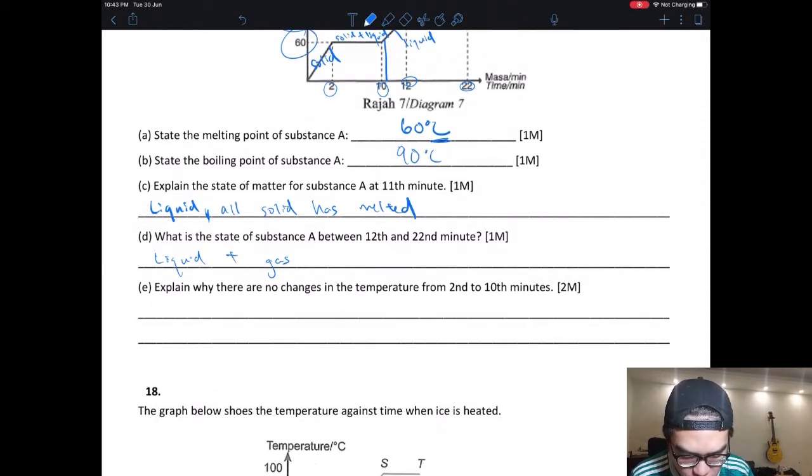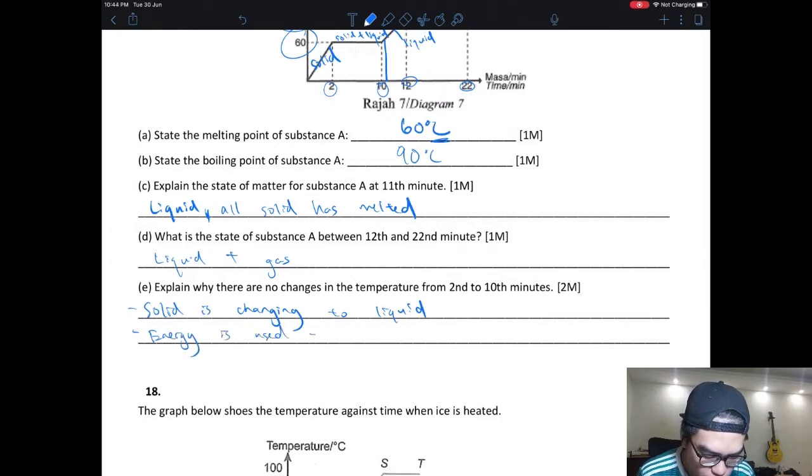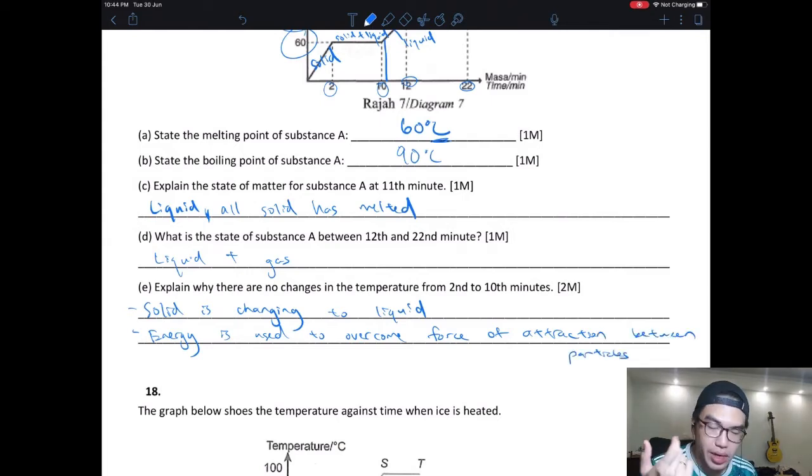Solid is changing to liquid, so energy is used to overcome force of attraction between particles. That's it. Very simple.